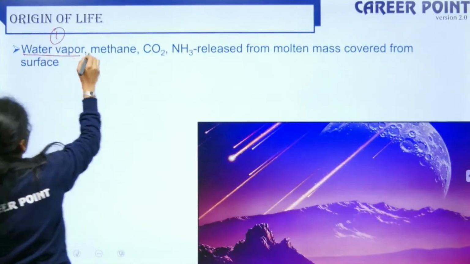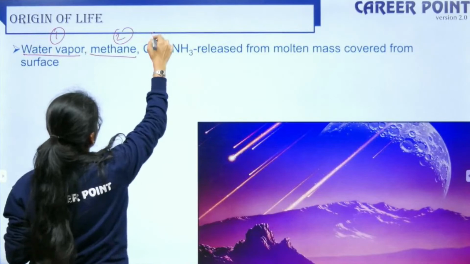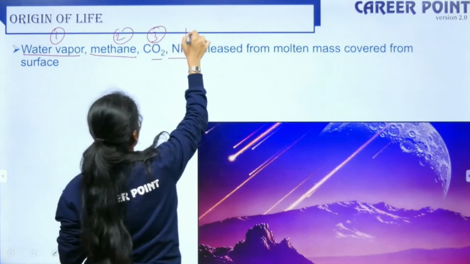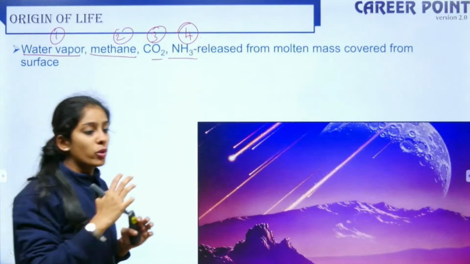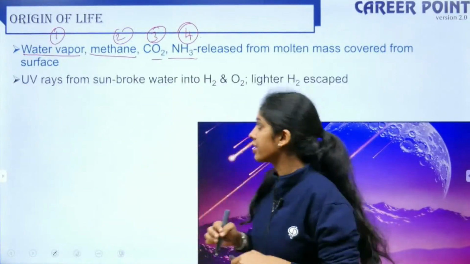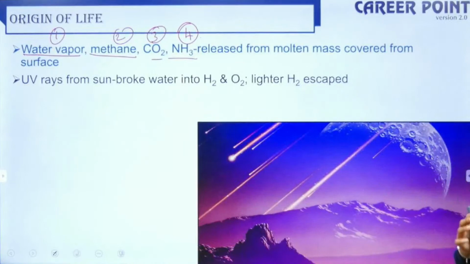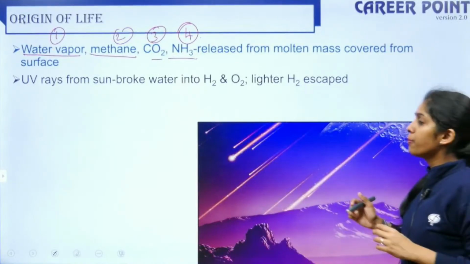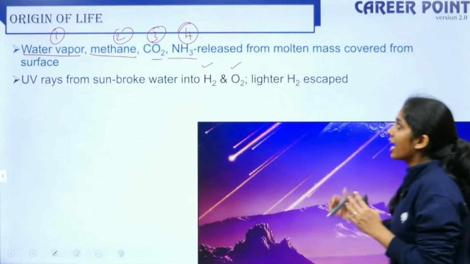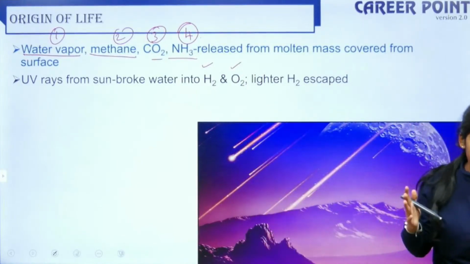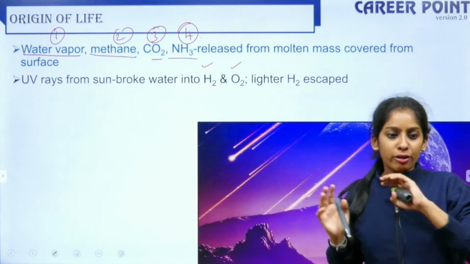Water vapor, methane, carbon dioxide and ammonia. These were the 4 components released from the molten surface. Then slowly the UV rays from the sun broke water into hydrogen and oxygen. The lighter hydrogen later escaped. Okay, so this is how the story forms.